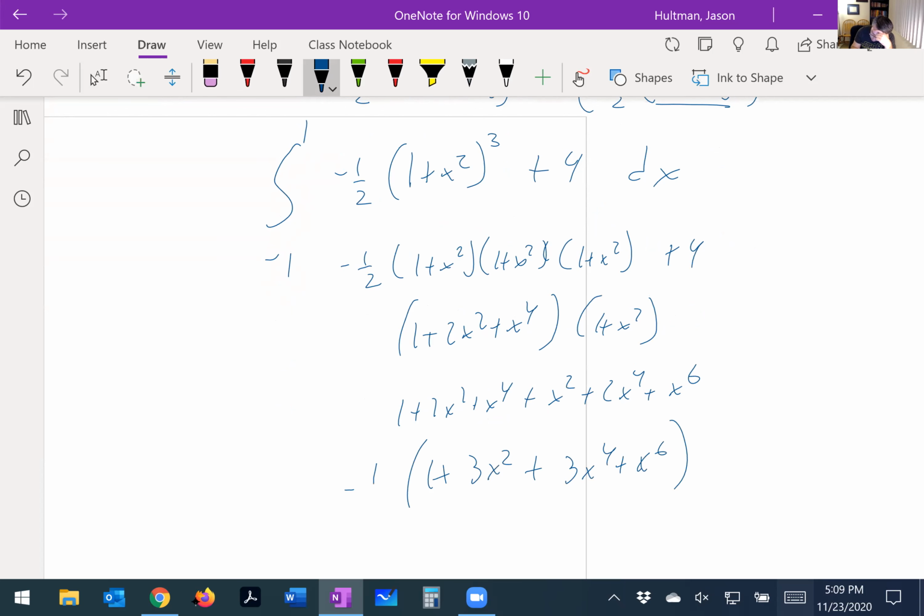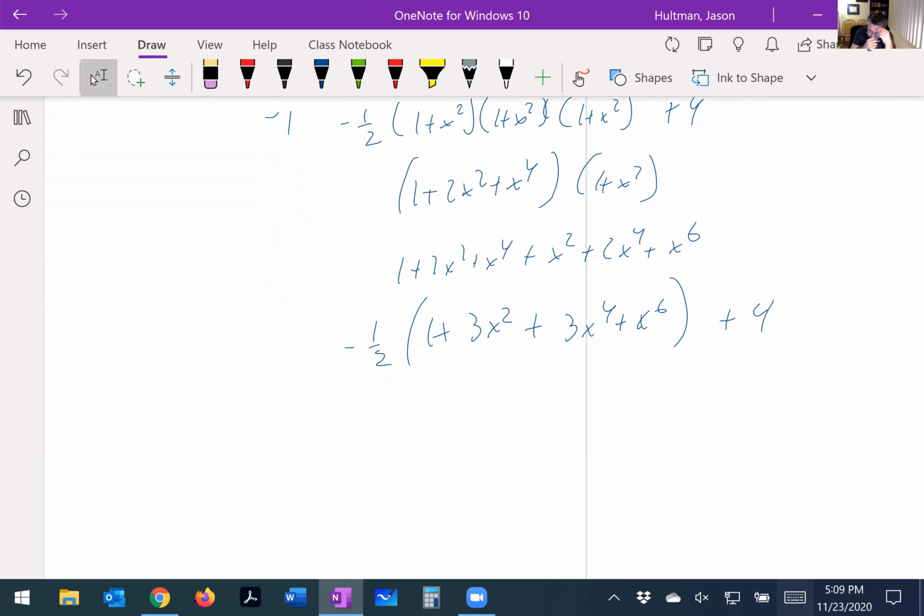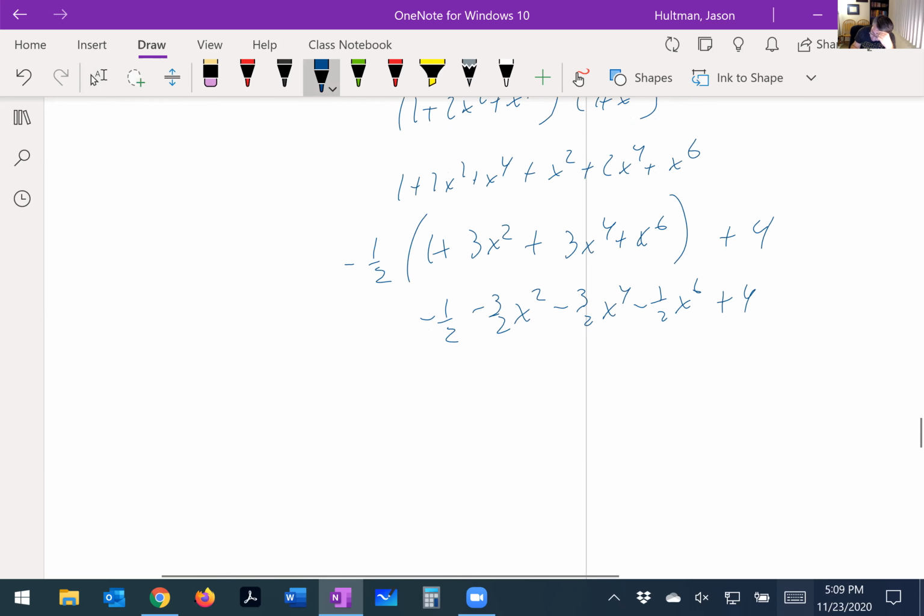That'll get multiplied by negative 1/2 and add to 4. So this is negative 1/2 minus 3/2 x squared minus 3/2 x to the 4th minus 1/2 x to the 6th plus 4.